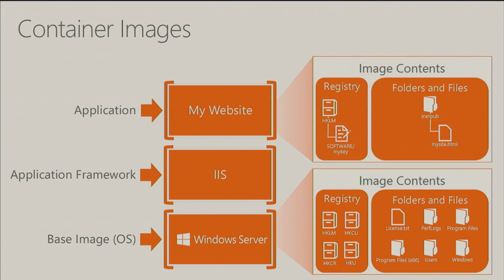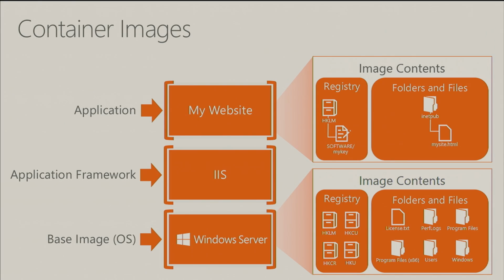What we layer on top of that, inside of these application layers above it, is just the differences that are made. So in the case of something like a website, maybe I made a reg key in software. Just that delta is going to be stored there, and whatever delta files are stored there. So any changes I made to the file system get stored in that image.